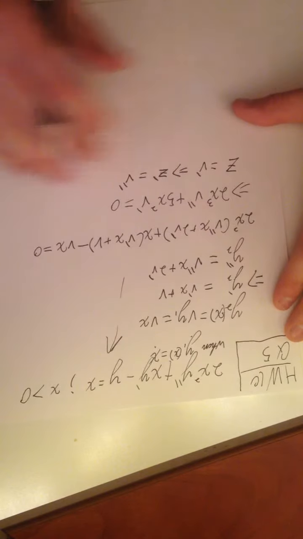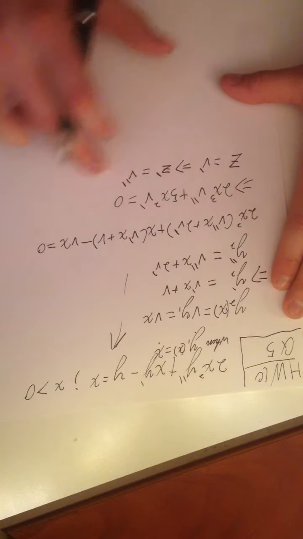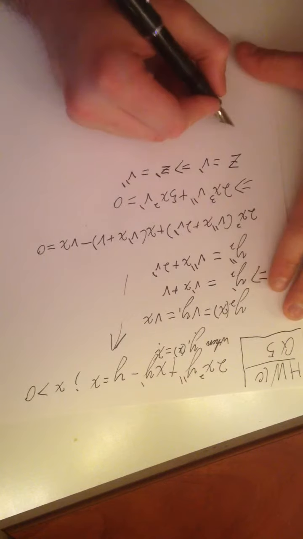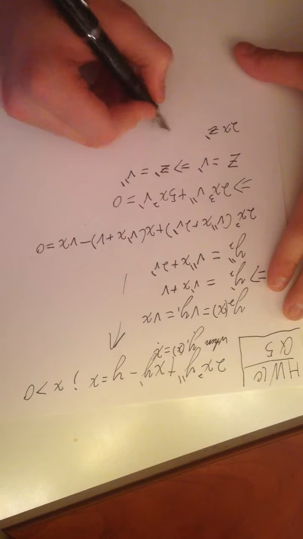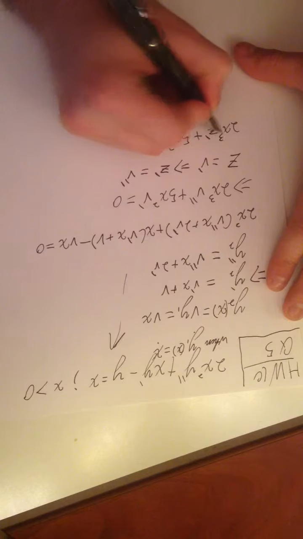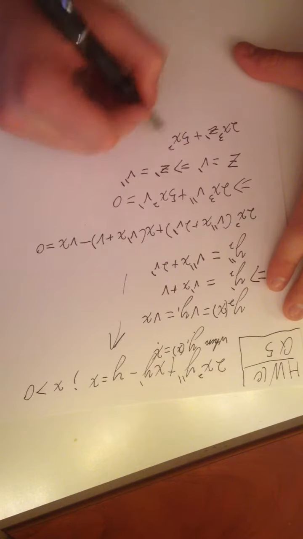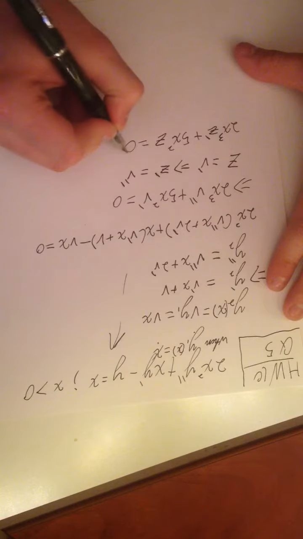Okay, now that that's all set up, we can plug this into the new equation and state that 2x cubed z prime plus 5x squared times z is equal to 0.